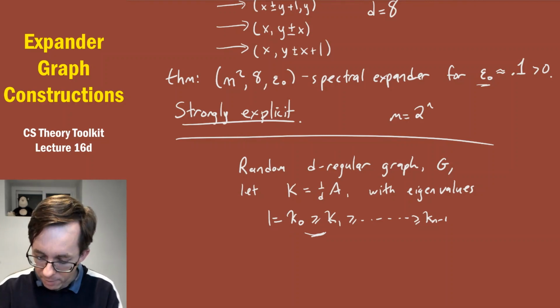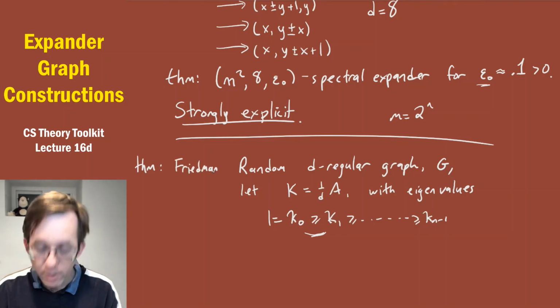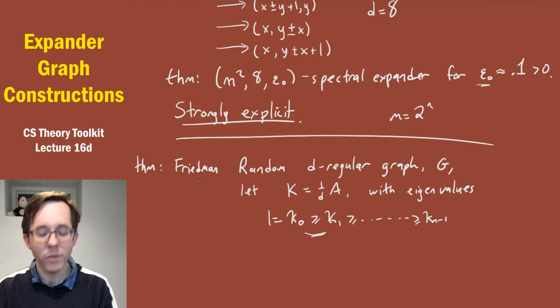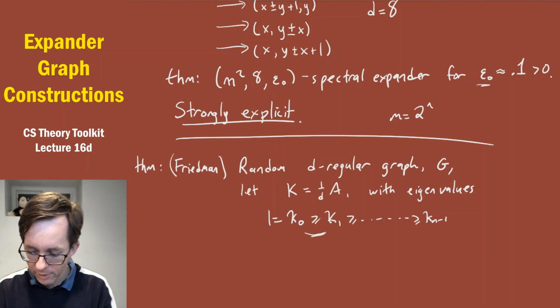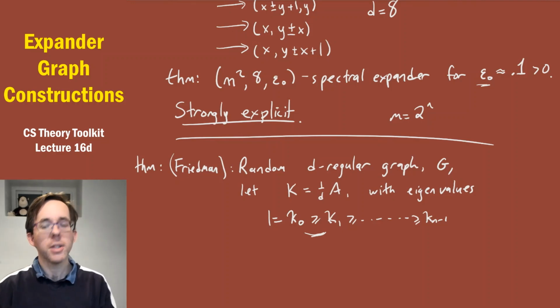And this is a very famous and difficult theorem due to Friedman from 2000 maybe. It's famously a 100-page paper, although it's been recently simplified to, I don't know, 20 or 30 pages.